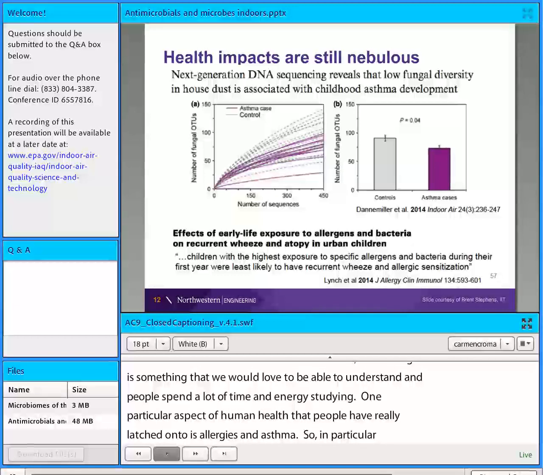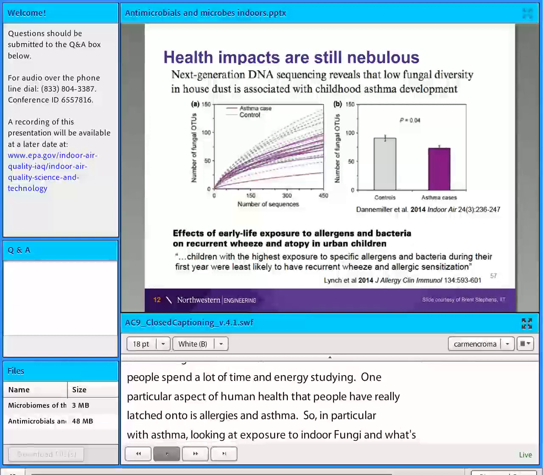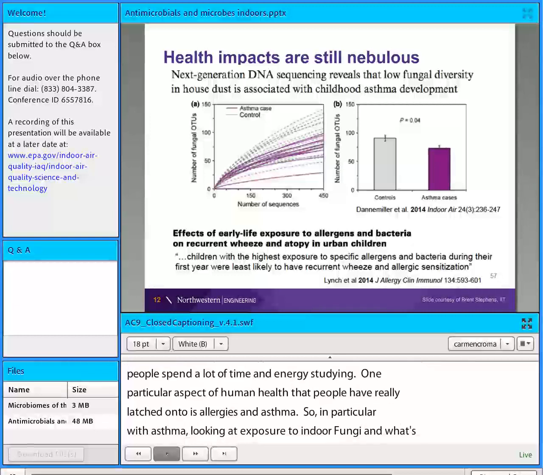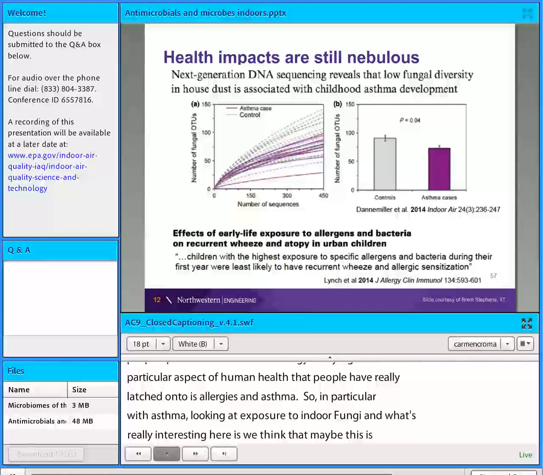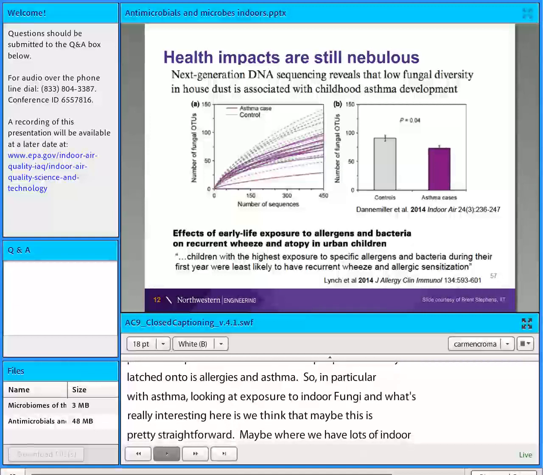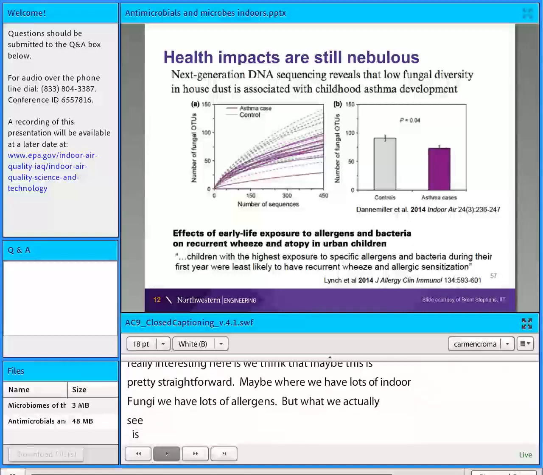And what's really interesting here is you would think that maybe this is pretty straightforward. Maybe where we have lots of indoor fungi, we have lots of asthma because we have lots of allergens. But what we actually see is not quite that straightforward.